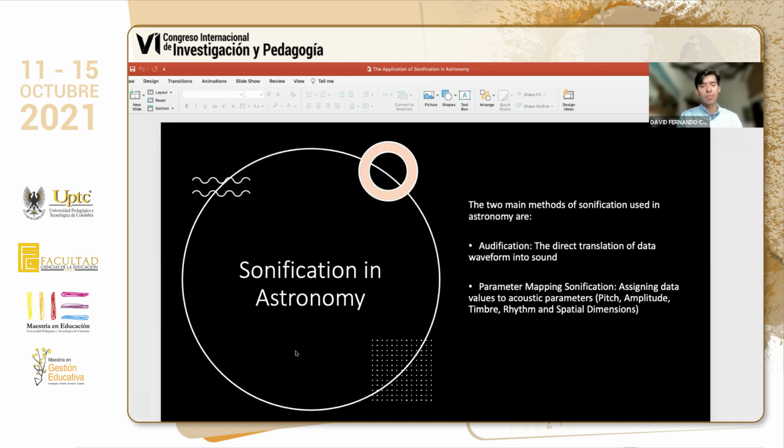And also, well, if you have numerical data and you want to present it as sound, well, you said the most simple thing is just to take the graph, which is already a representation of data, and then translate it into sound. So it seems to me that, at least in that example, you are departing from a graph or a visual information, and then you are translating it into sound.